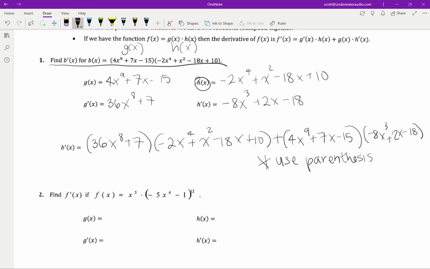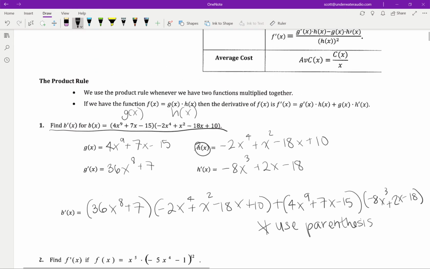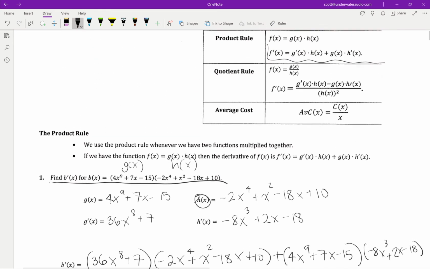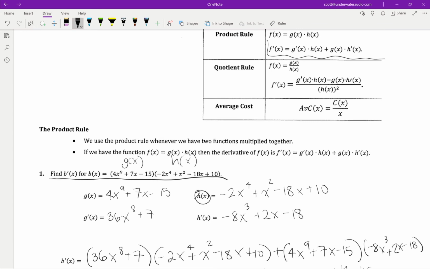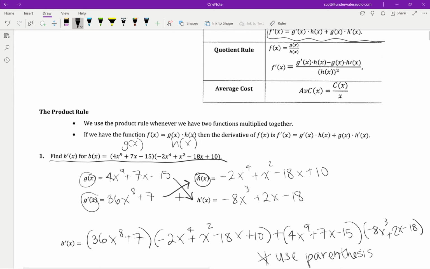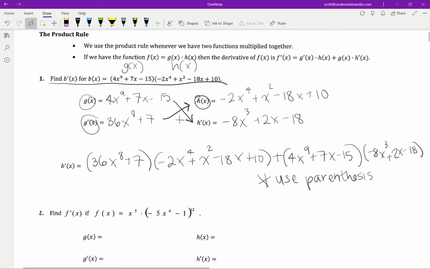Okay, and there's kind of a trick here that I was going to show you. If you always set up your problem like I did with a g of x and a g prime below it, and then h of x and h prime below it, then there's a cool pattern here. g prime of x times h of x, and then you add it to g of x times h prime of x. So I don't know if that helps, but if you always set it up like that, then it should always work that way.